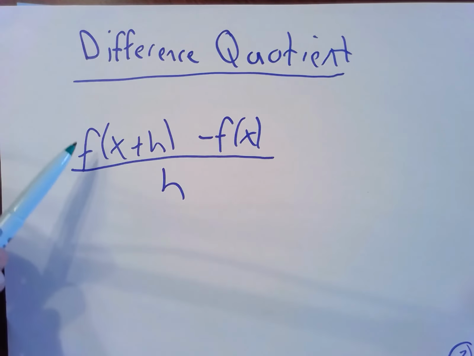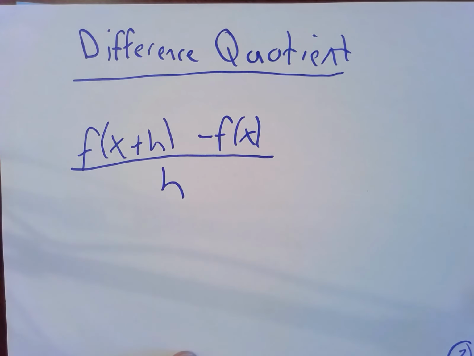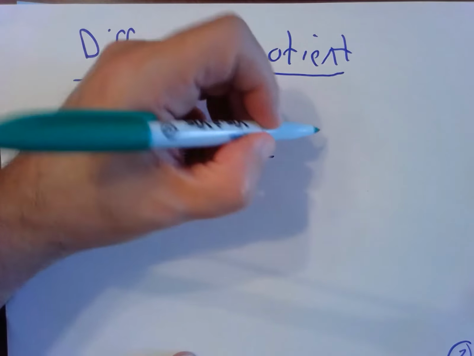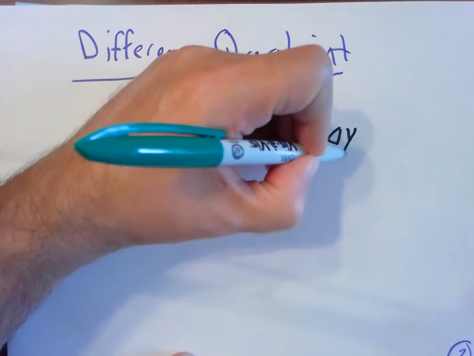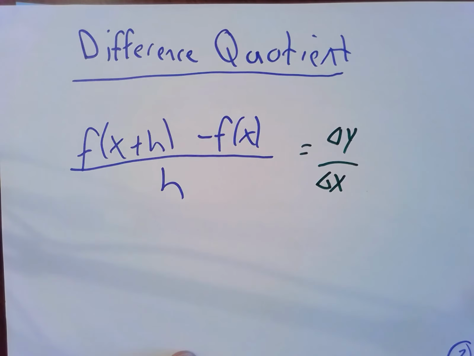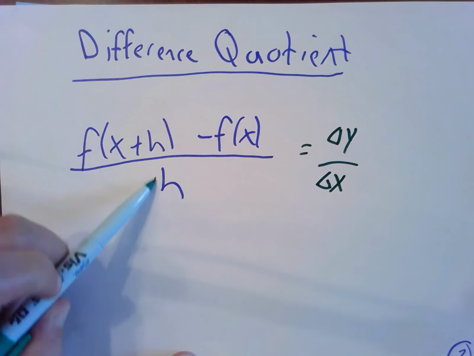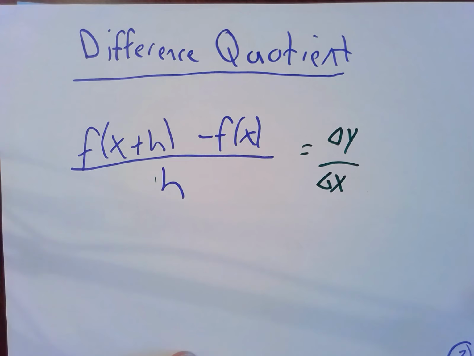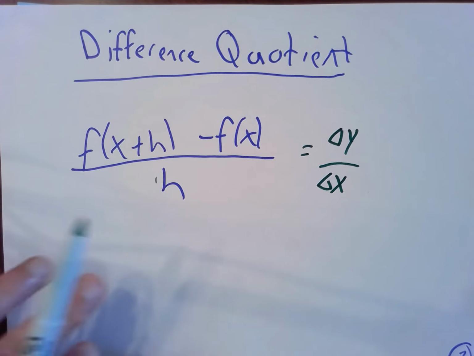The difference quotient is f of x plus h minus f of x over h. It really is change in y over change in x. It's an average rate of change over this change in x, h. Then when you get to calculus, you do this thing where you take the limit as h goes to 0, and you get an instantaneous rate of change. The slope of a tangent line instead of a secant.